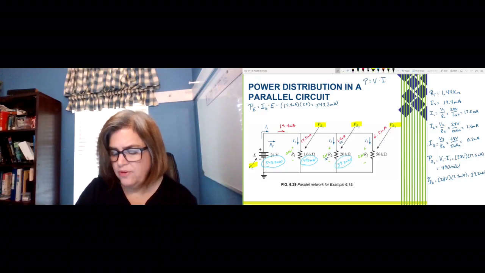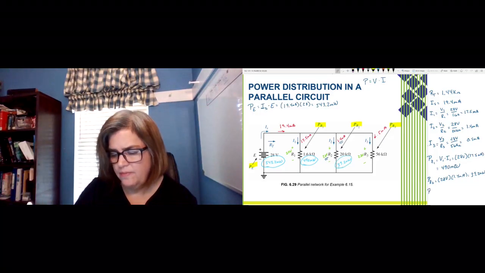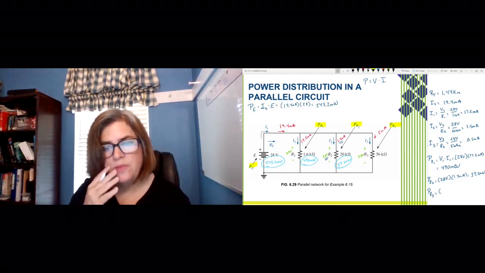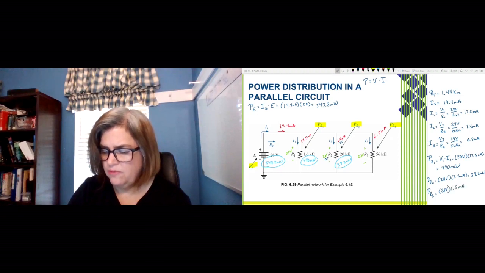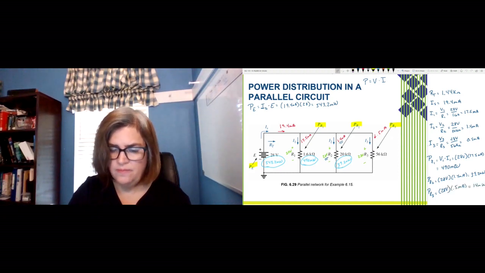And then for the power delivered to R3, that's again 28 volts because it's in parallel with my source, times the half a milliamp there. So we've got 14 milliwatts there.